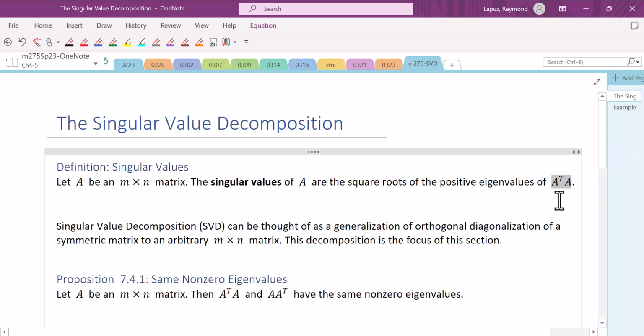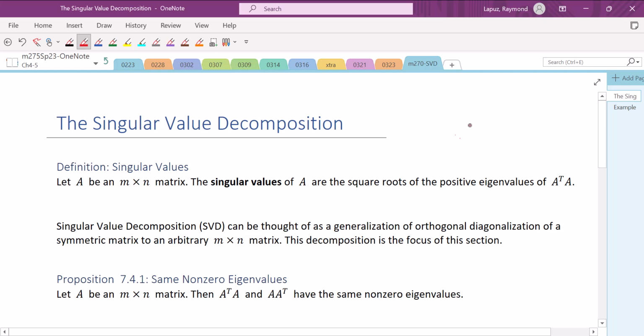So A transpose times A, regardless of the size of A, is going to end up being a square matrix. Not only is it a square matrix, but it is also going to be a symmetric matrix. So let's just verify that you're going to get a square matrix.